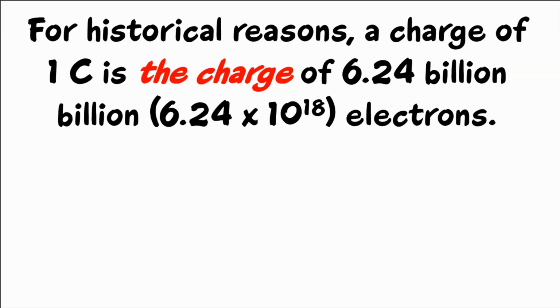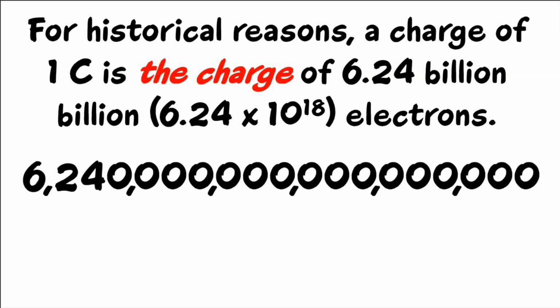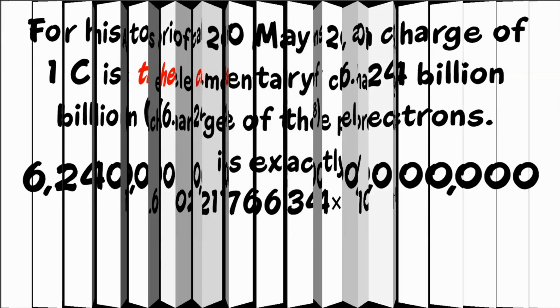So very important to establish that the Coulomb is defined as the amount of charge of 6 quadrillion electrons. If you take that out of scientific notation, that's the number you'd have to be writing all the time and possibly doing calculations with. Give you some information so you're up to date in the world of science.